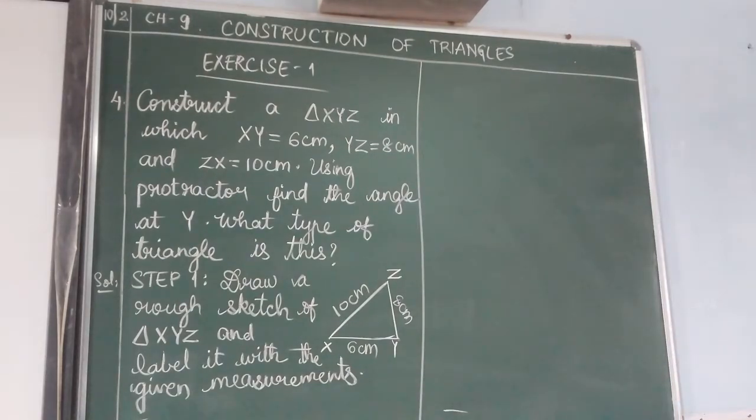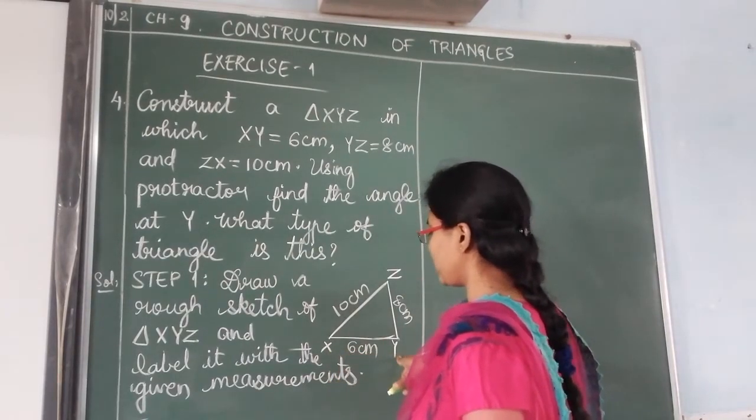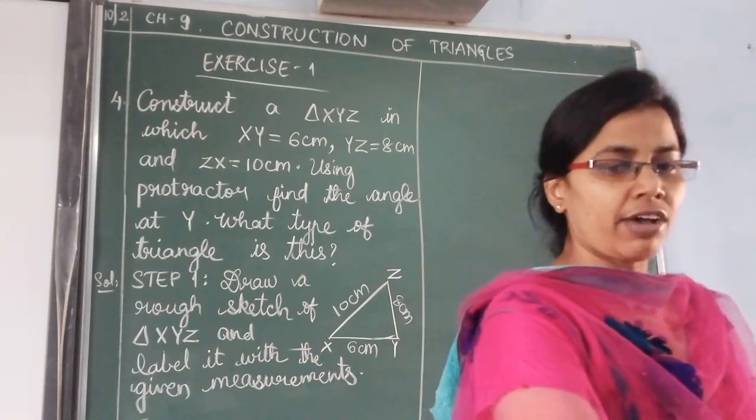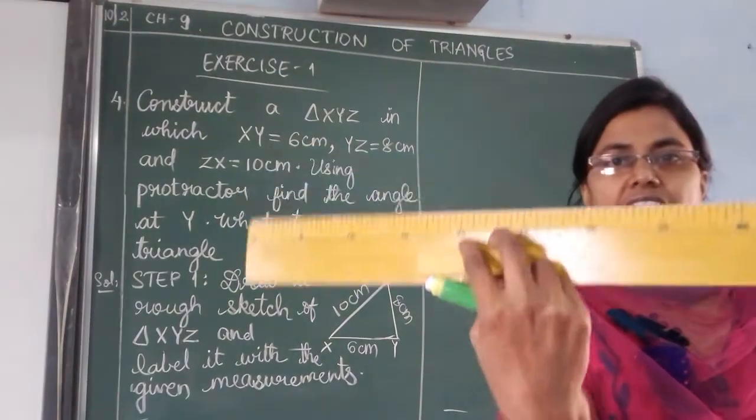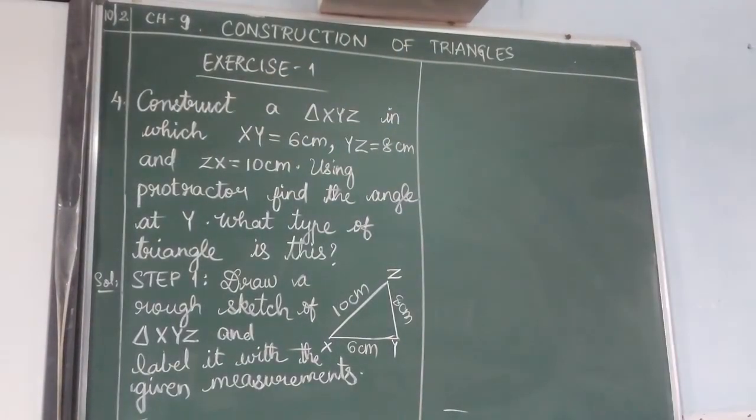What is the second step that we need to do? Yes, we have to draw a line segment XY of length 6 centimeters. Now you are supposed to use your scale and then measure 6 centimeters. So look at your scale. I am going to show your scale.